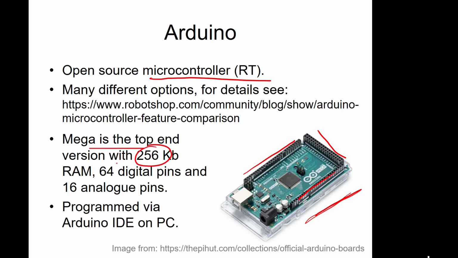It's programmed on a desktop computer, and it's got an IDE, a programming environment to do that, so it makes programming and compiling fairly comfortable for a user. Arduino is your entry-level type of processor, so it's an easy way to get started into programming.